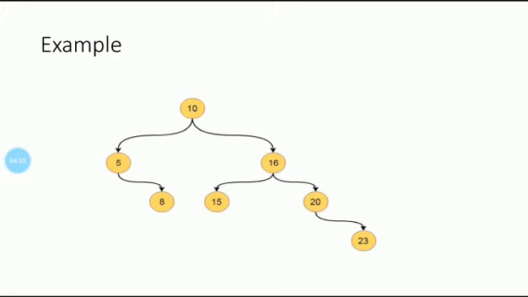By looking at this binary tree, we can easily determine how these elements are stored in the array like this: 10, 5, 16, blank, 8, 15, 20, and in level 3 up to 8 nodes can be occupied, but at this place only one node is available, that is 23, and it is at the last position. So blank, blank, blank, blank, blank, blank, blank, 23, like this.